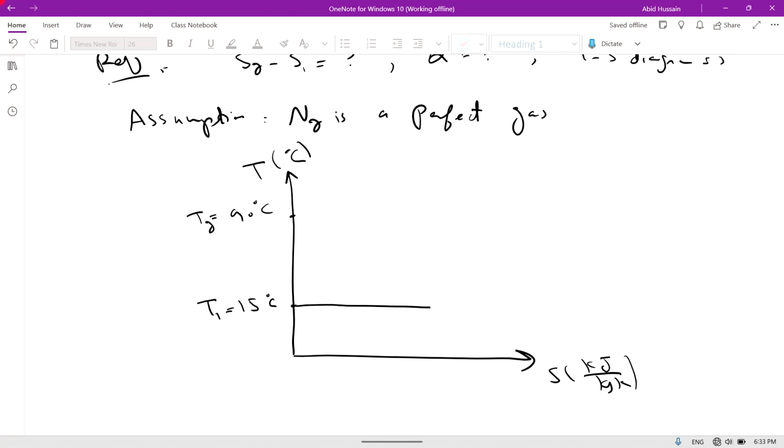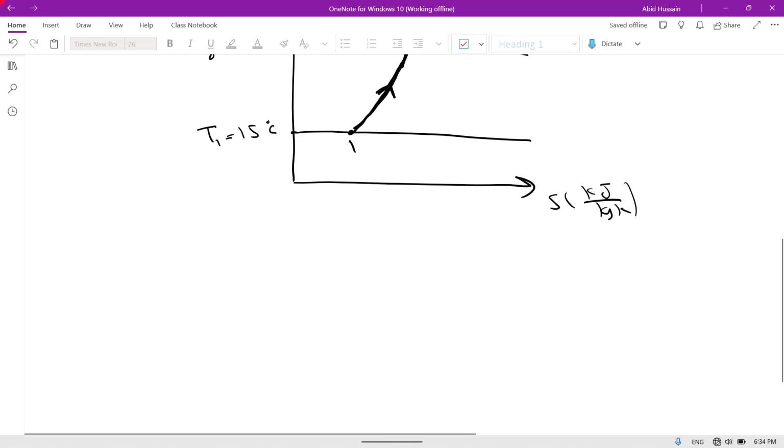This is a constant temperature line and the process is constant volume. Let's suppose point 1 will be here, point 2 will be here. So the constant volume process looks like this, from 1 to 2. This is the TS diagram.